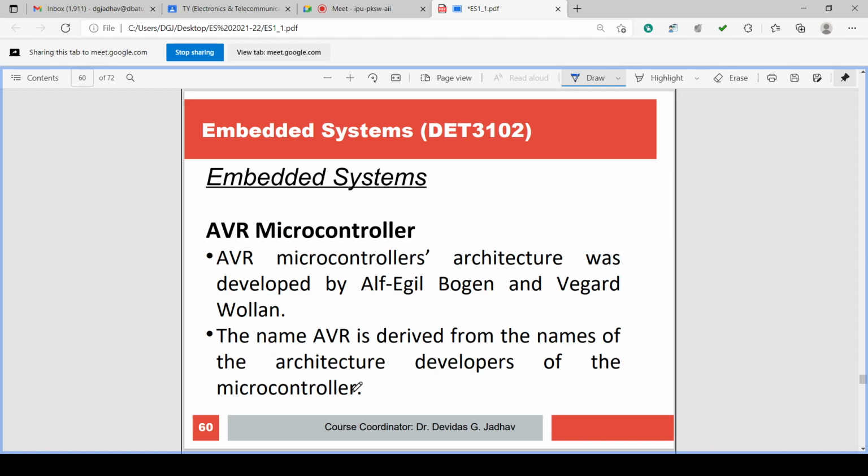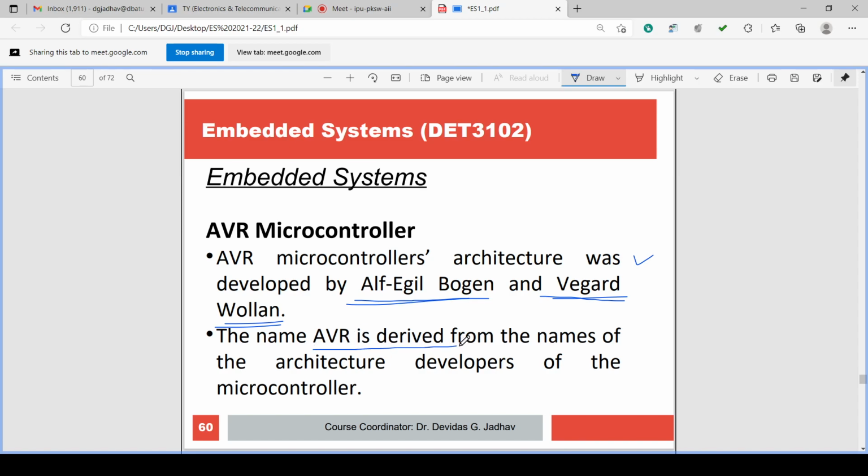Now what is the next microcontroller? The next microcontroller is AVR. The AVR microcontroller architecture was developed by Alf Egil Bogen and Vegard Wollan.